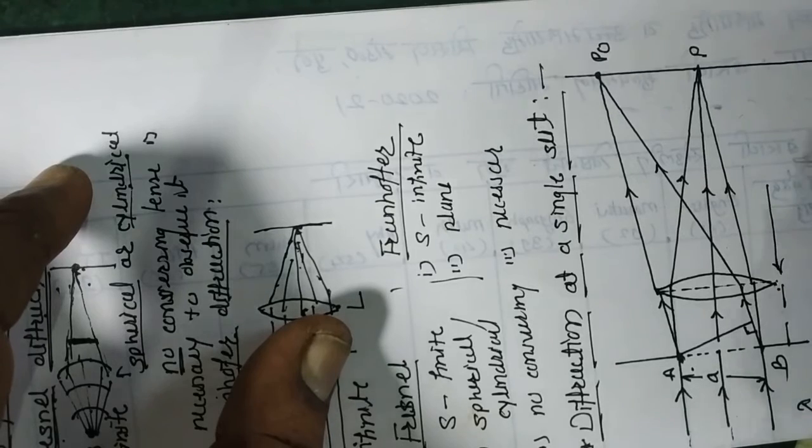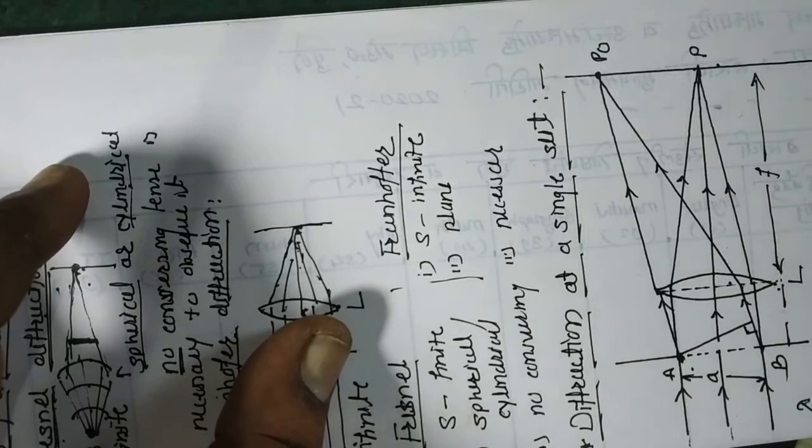This is the focal plane. This is a converging lens, and the screen is kept at the focal plane of the convex lens.